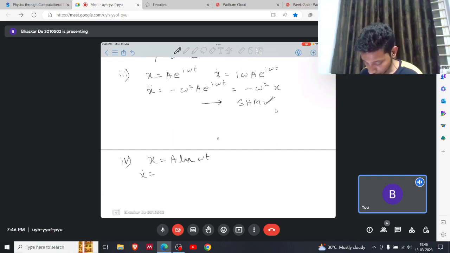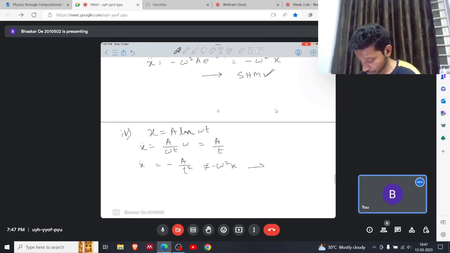So x dot equal to a by omega t times omega, which gives a by t, then x double dot gives minus a by t square, which is not equal to minus omega square x, so it is not SHM.